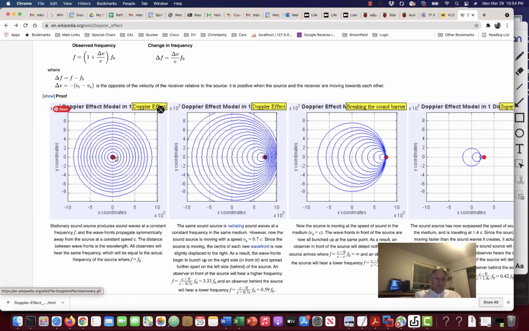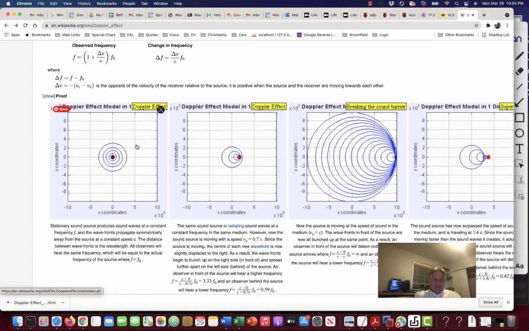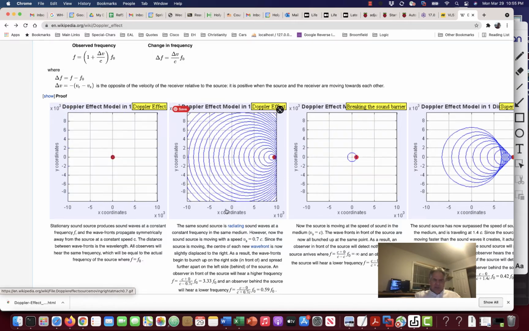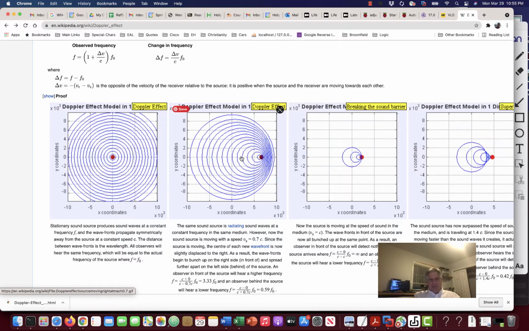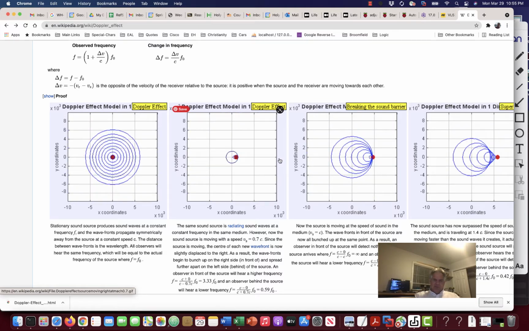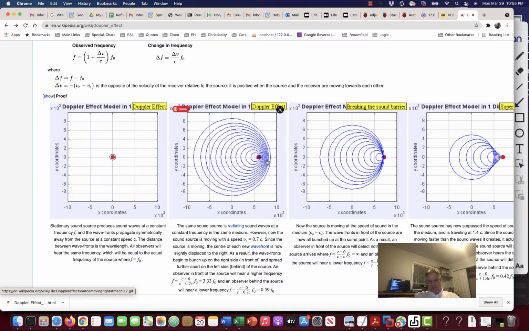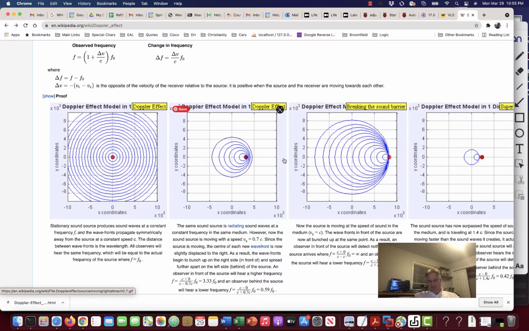And so they go out at a constant rate, and we just hear that rate. But if that source is coming toward us, you can see the wave crests are compressed, and so they come at us more quickly, and we hear a higher pitched note.